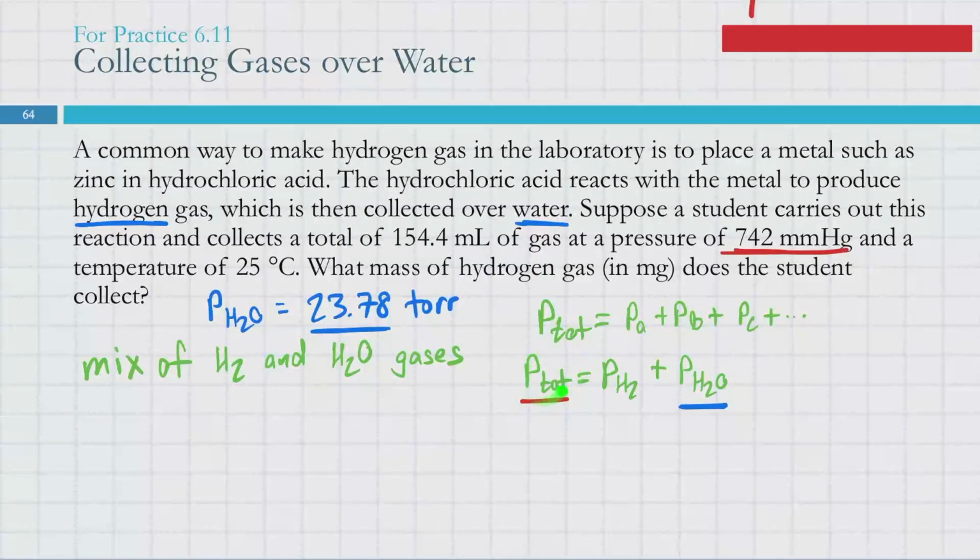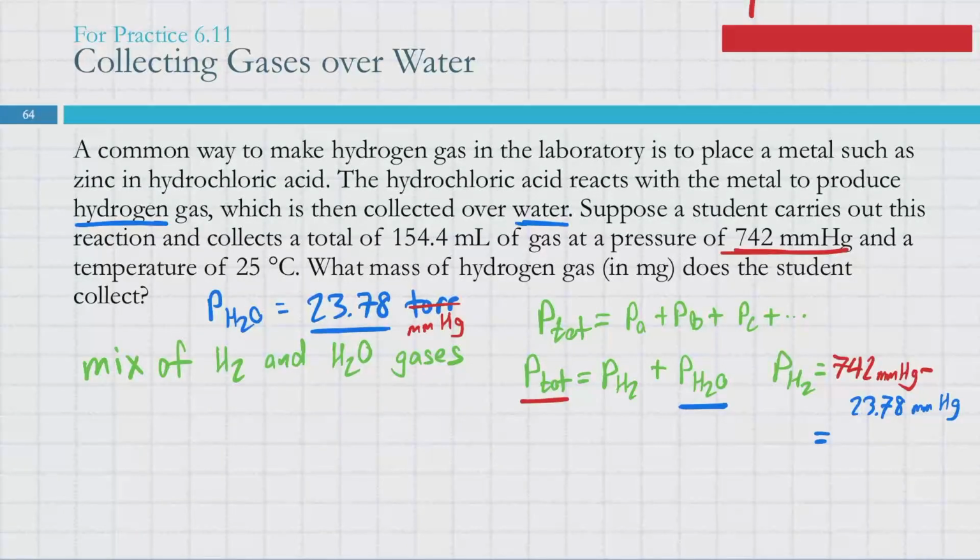So we've got P total, we've got P H2O, so we can find P H2. A little bit of rearranging, we find that P H2 is 742 mmHg minus, I gave it to you in torr, it's the same as millimeters mercury, minus 23.78 mmHg.